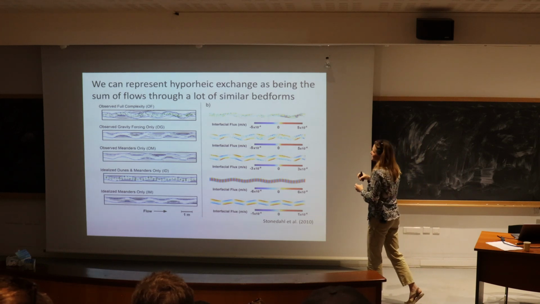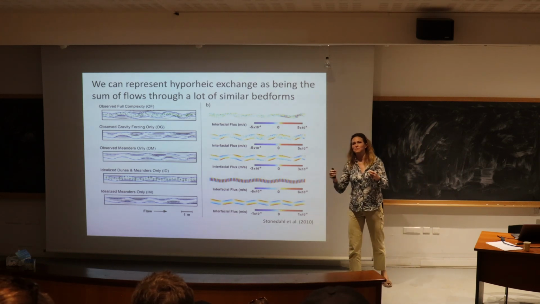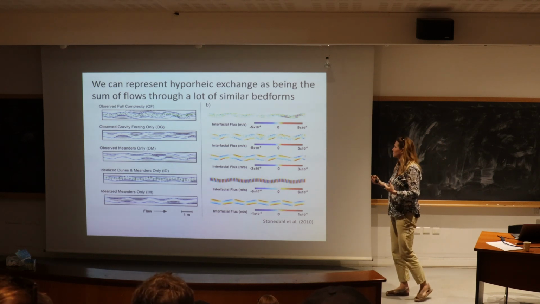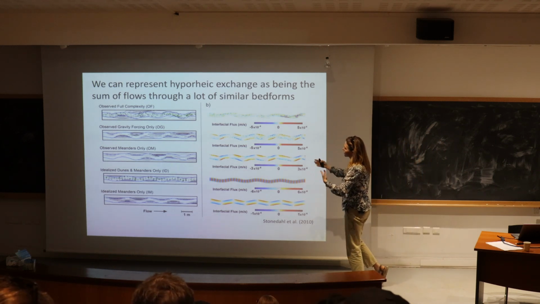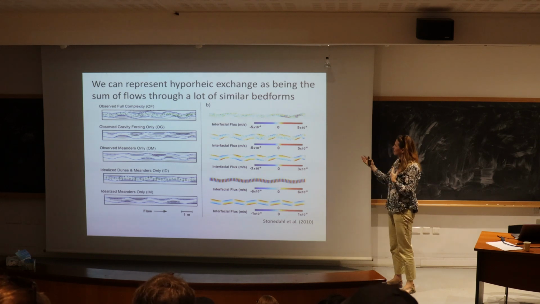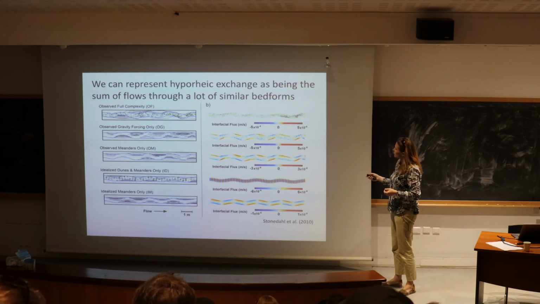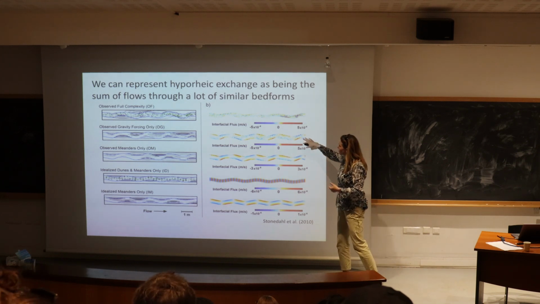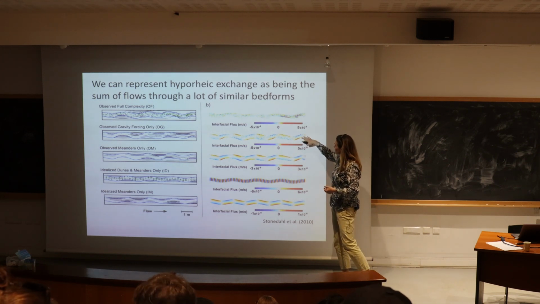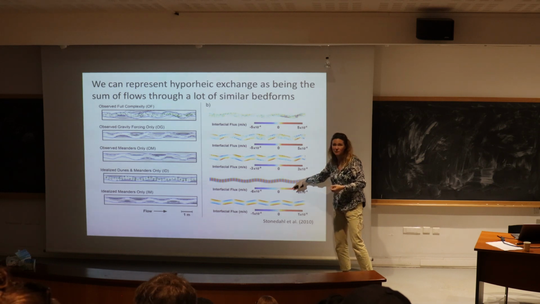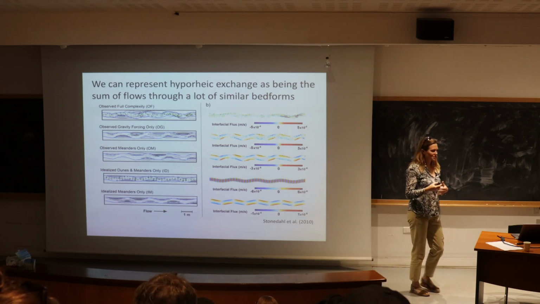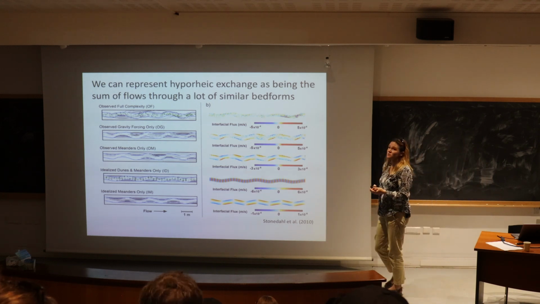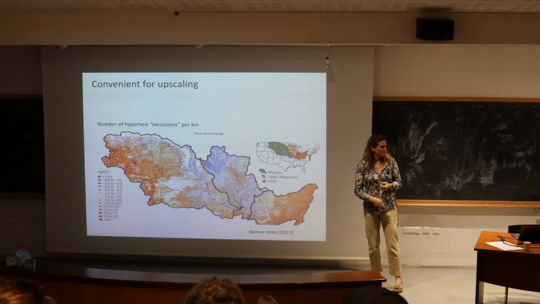You can just decompose it into different wavelengths, and because groundwater flow follows the law of superposition, you can just put all of these different head gradients together and solve for fluid flow through the bed due to a variety of different features. You know, the full complex distribution of bed form topography, or just looking at, for example, one wavelength. And you can start to think about, when solute sticks around in a riverbed, what are the features in the riverbed that are driving that?